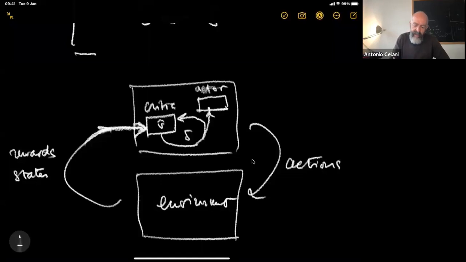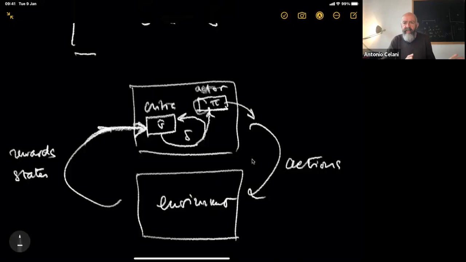And the actor contains the policy and updates it thanks to the temporal difference error. And this then results in an action taken. Okay, so there are these two centers for decision making, which are the actor and the critic, and they communicate to each other.